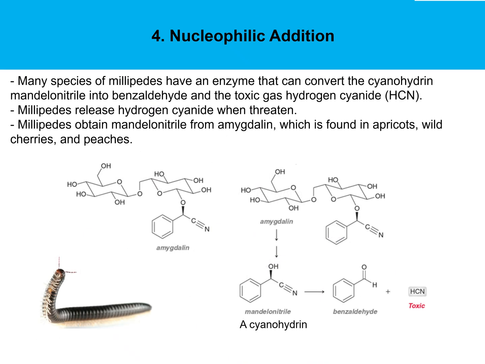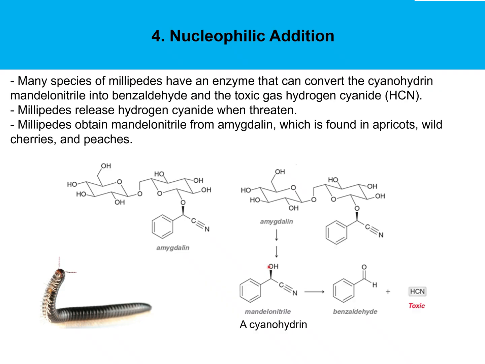Certain species of millipedes as well as plants release hydrogen cyanide as a deterrent for animals that threaten them. For example, millipedes will use this sugar compound that they obtain from their diet of fruits, for example from apricots or wild cherries or peaches, and when threatened, they will convert it into mandelonitrile, which is a cyanohydrin.